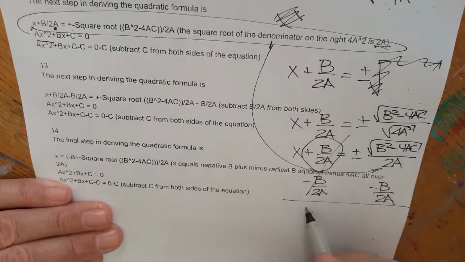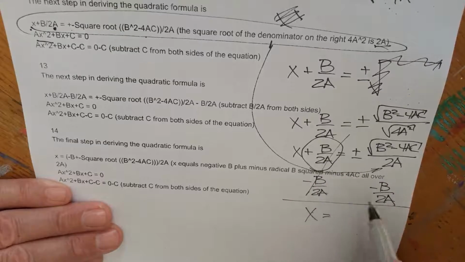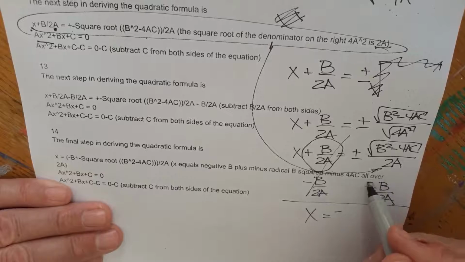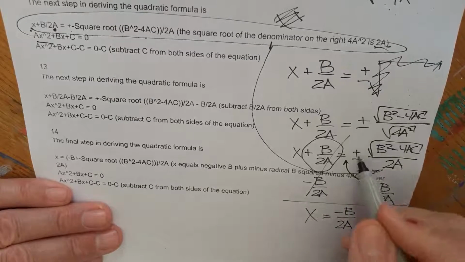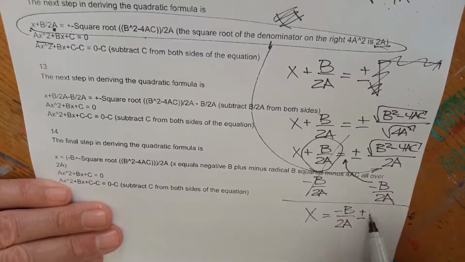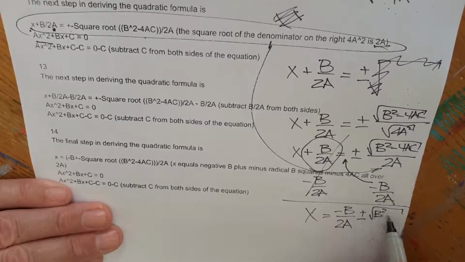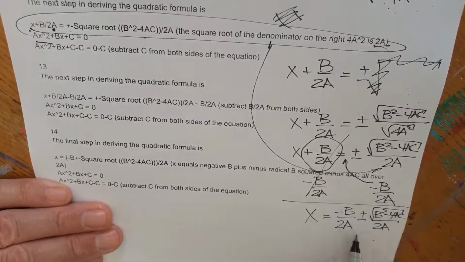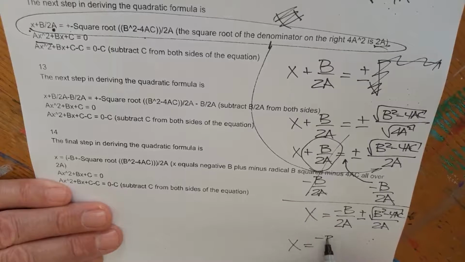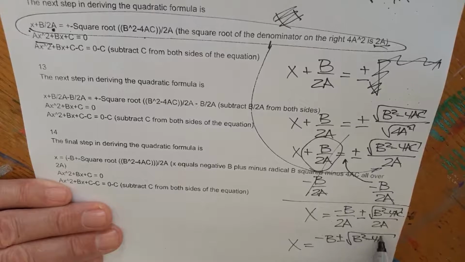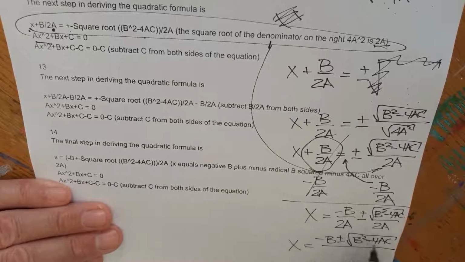It disappears from the left, and you're left with just x equals. Minus b over 2a squeezes in front of the plus or minus radical b squared minus 4ac all over 2a. Because these both have a common denominator, we can now rewrite x equals negative b plus or minus radical b squared minus 4ac all over 2a.